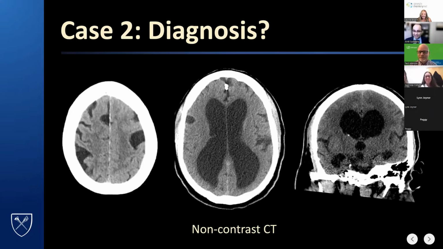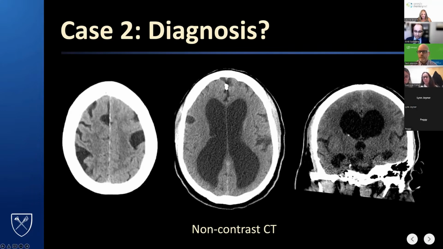Great. So wonderful, and you both nailed the diagnosis here, normal pressure hydrocephalus. The findings that I'll point out here, so the ventricles are markedly enlarged relative to the sulci. So we can see this in the axial plane for the lateral ventricles. We can see this in the coronal plane for the lateral ventricles. The third ventricle is ballooned out.